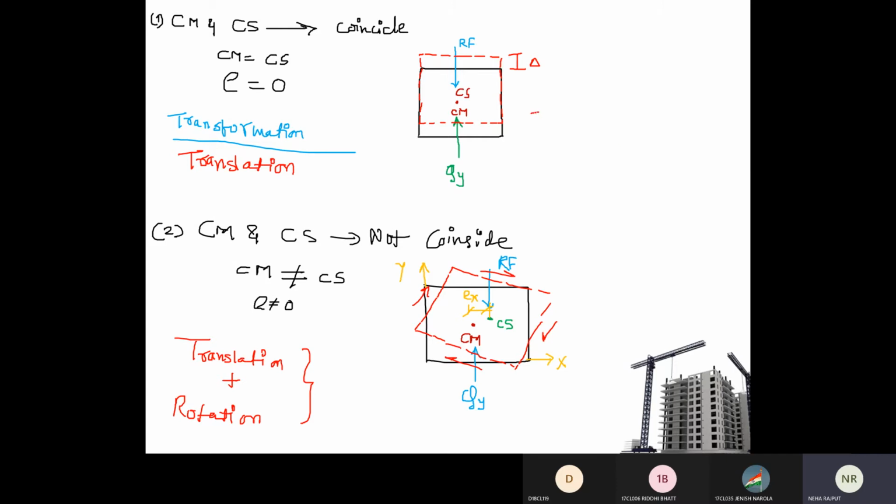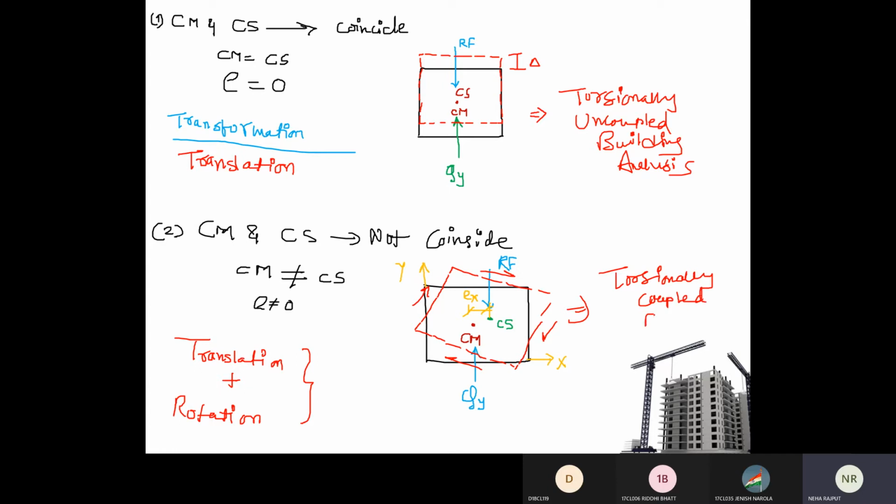So for this type of condition, if you want to analyze, then that is known as torsionally uncoupled building analysis, and this is called torsionally coupled building analysis.